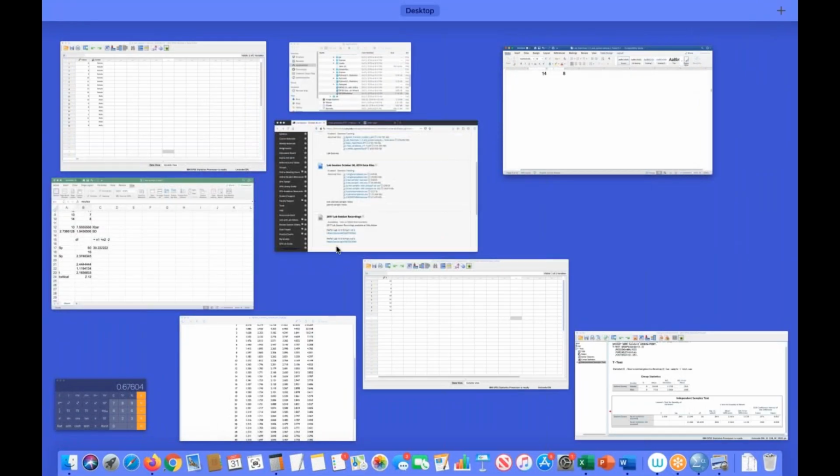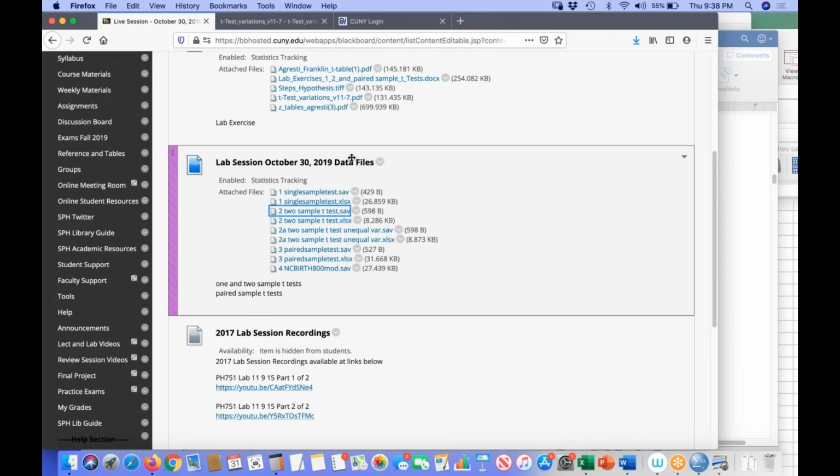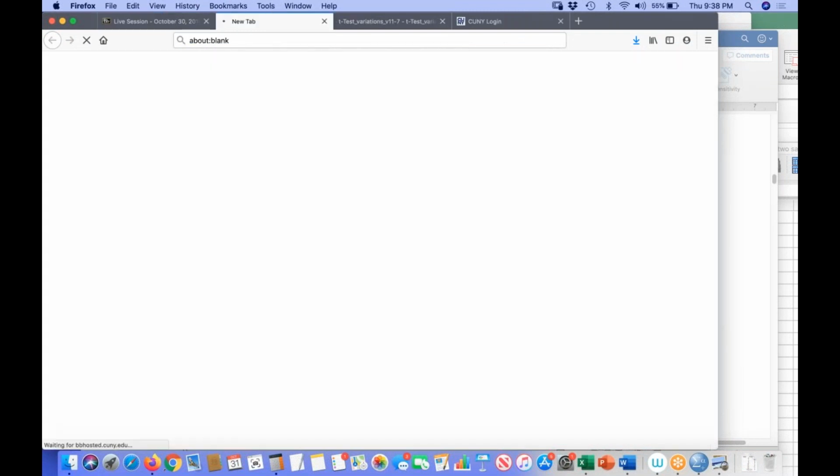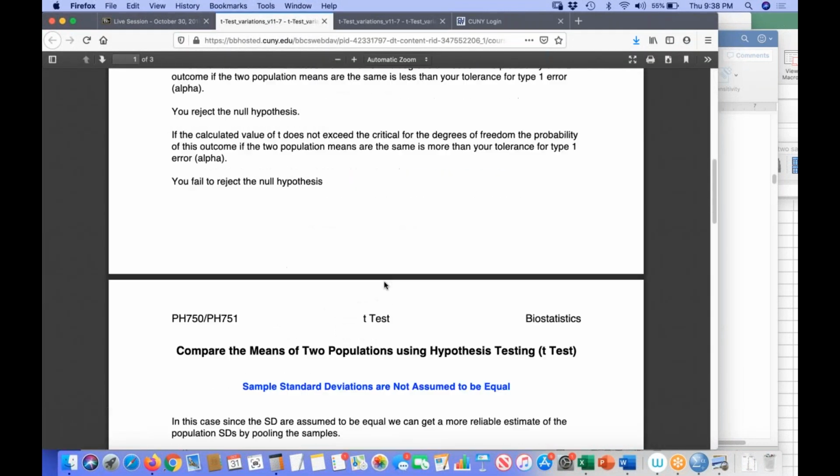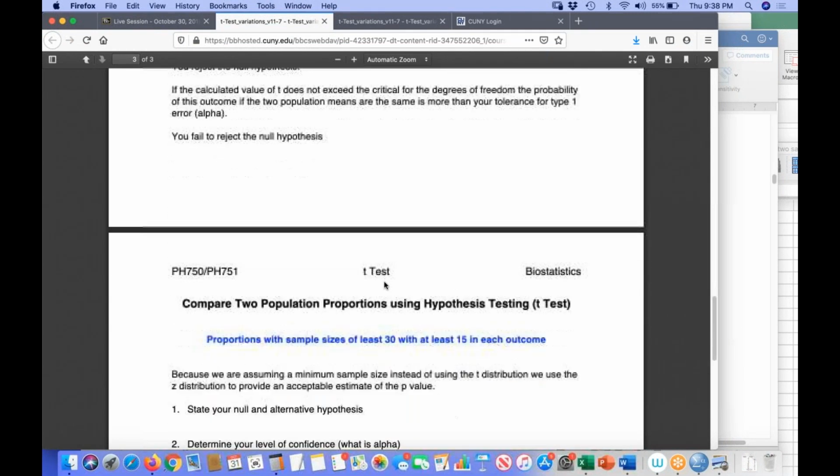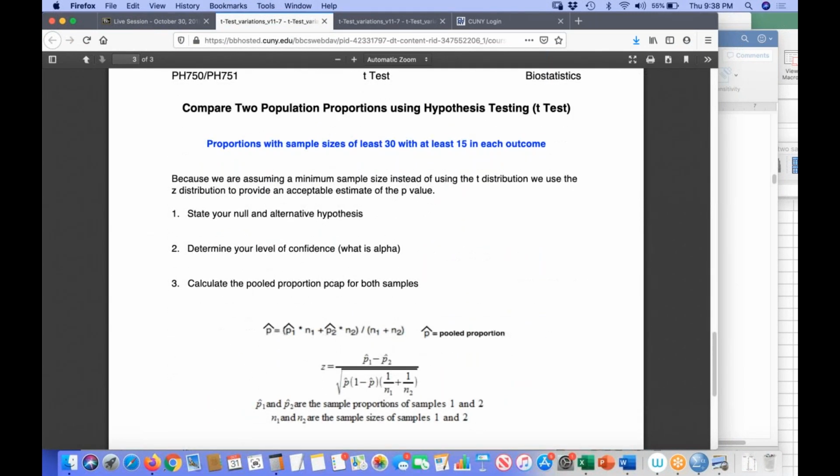Well, now I'm going to go back to my little chart that I made up, where you can take a look at the formulas you need to use. Where did it go? I might have to open it again. That whole thing was just for equal variance. So now what about if you're unequal variances?